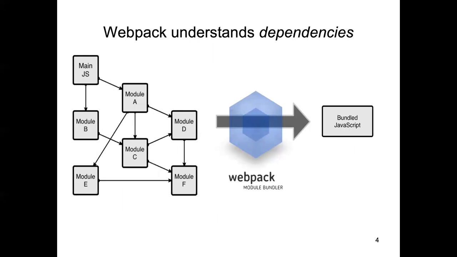So this is a visualization of what I've been saying in the previous slide. On the left, we have our source code. For simplicity's sake, let's assume that our modules are just JavaScript. We don't have any CSS or Less files or Sass files or font files, etc. So this looks like the module at the top of my dependency hierarchy.